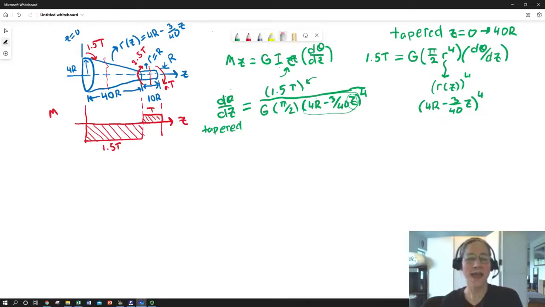So if we want to add this up now and say, well, okay, what's my delta theta as I go from z equals 0 at the wall to my 40r where I have that junction, basically I would just integrate this side with respect to z.